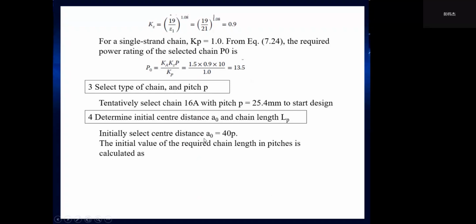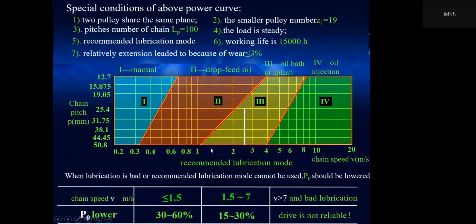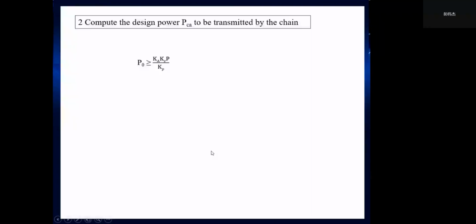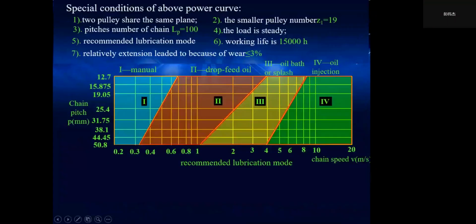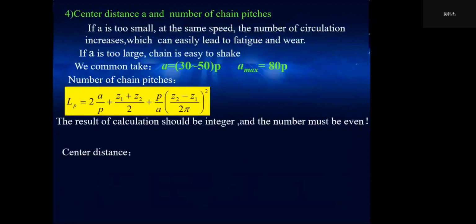The center distance A0 is within a range, larger than 30 times p and less than 50 times p.